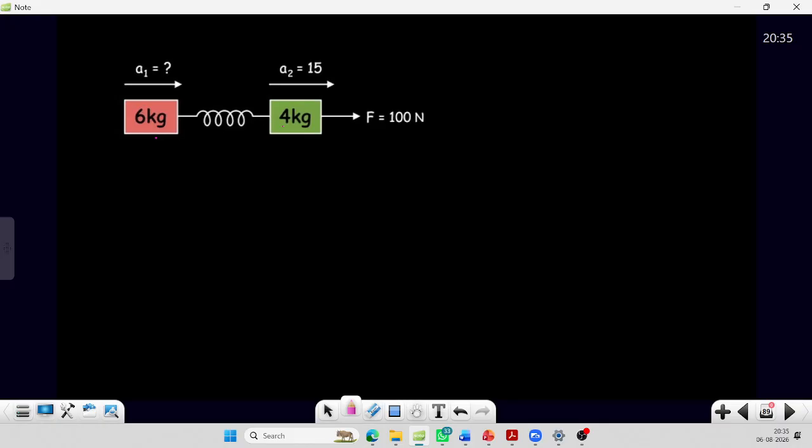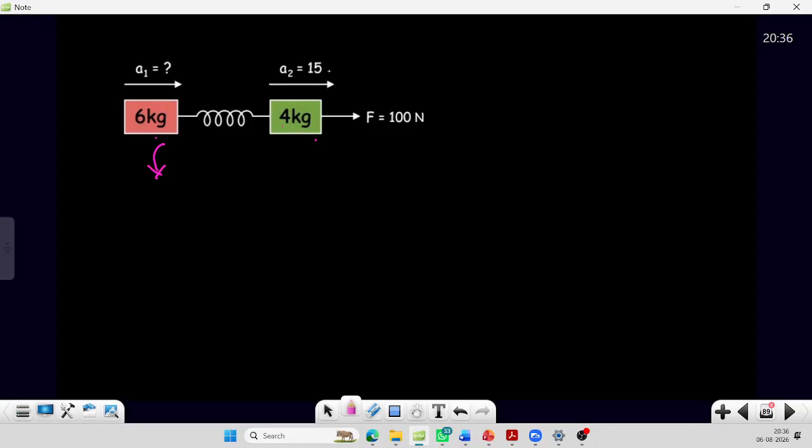But if we apply more force, then there will be some elongation in the spring. And even after elongation, if we apply more force, first this 6 kg block tries to stop the 4 kg block. If your force is more, then it will move.